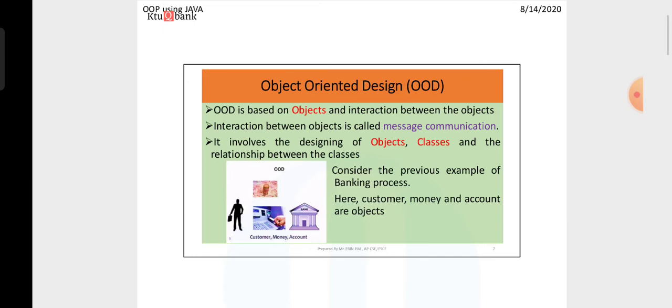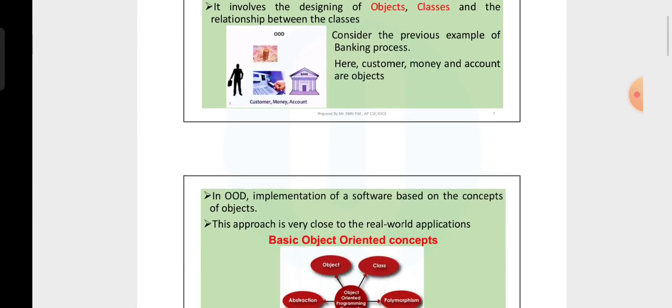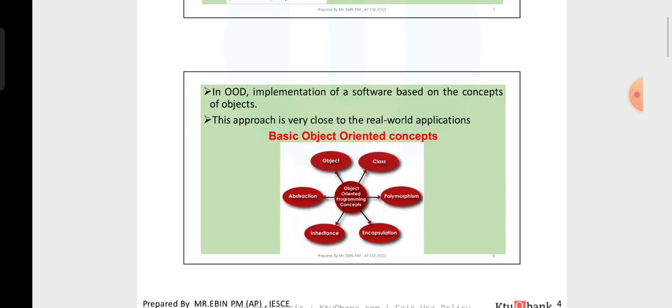You can take the previous example, that is banking. In the banking process, customer, money, and account are the objects. The customer, the money, and the bank or account are the objects. So in object oriented design, the main concepts are the objects and the classes. The implementation of the software is based on the concepts of objects.